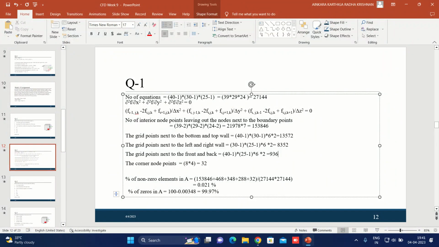So the next layer also we have taken. So this layer, we have taken all the points.